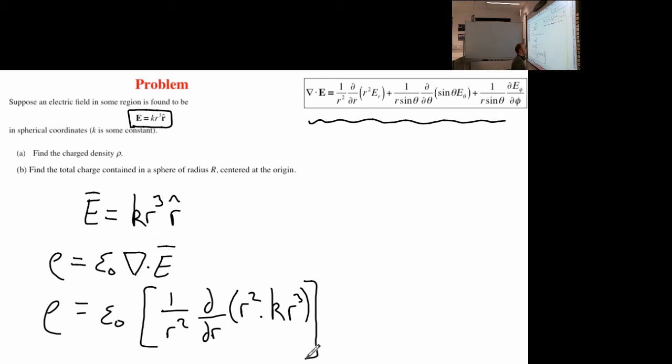So we take the derivative of this, we're going to get 5k r to the 4. So what we have here is epsilon naught by 1 over r squared by 5k r to the 4.